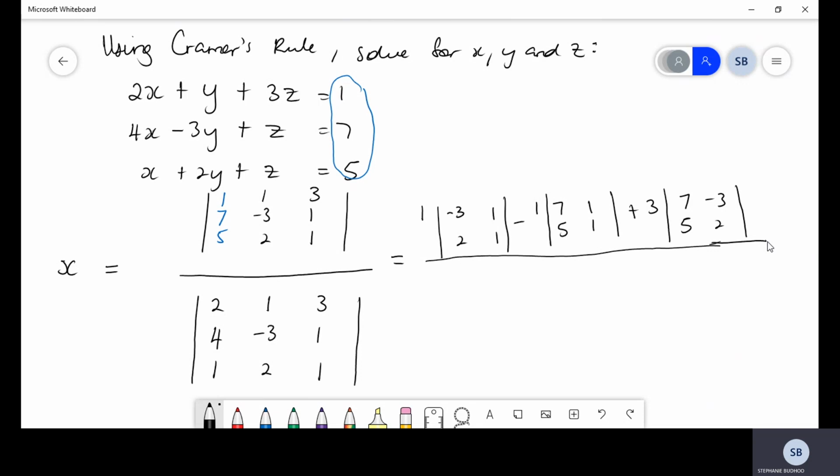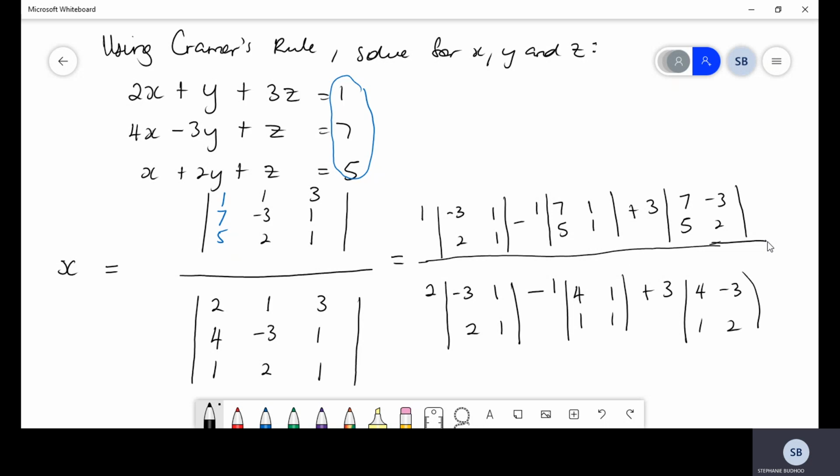So relaxing. Okay, so on the denominator, to find the determinant of our matrix, and then we subtract. Remember, the pattern is plus minus plus. So we'll have 1 with 4, 1, 1, 1, plus 3 with 4, negative 3, 1, 2.